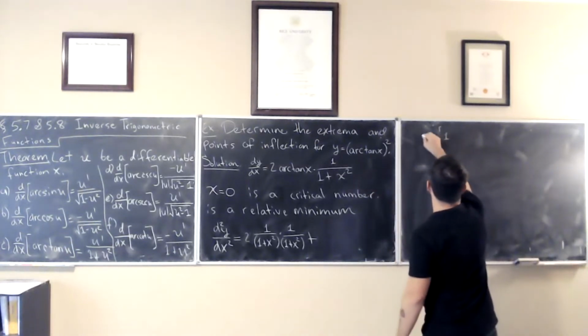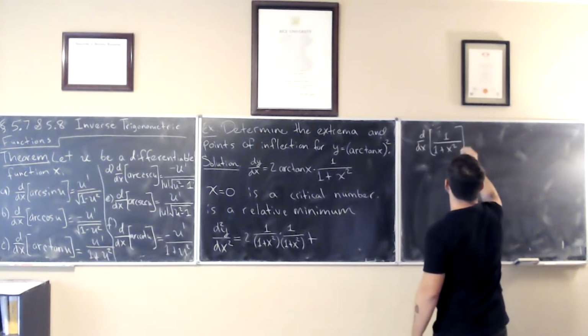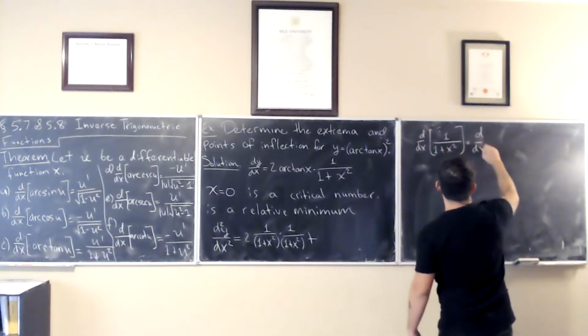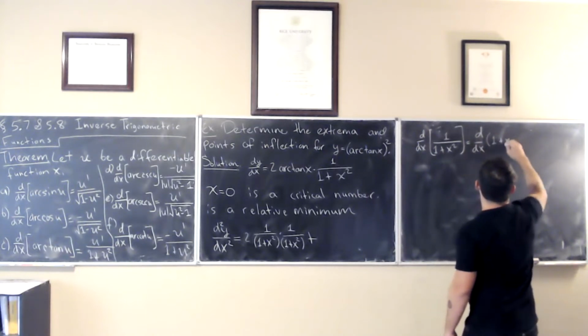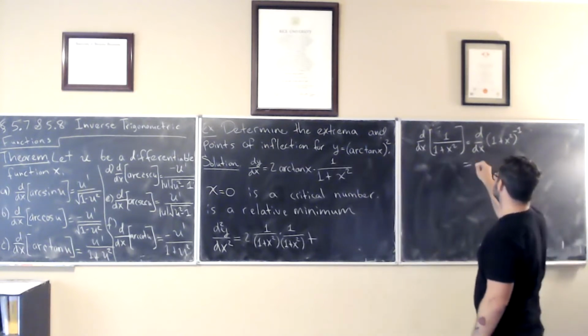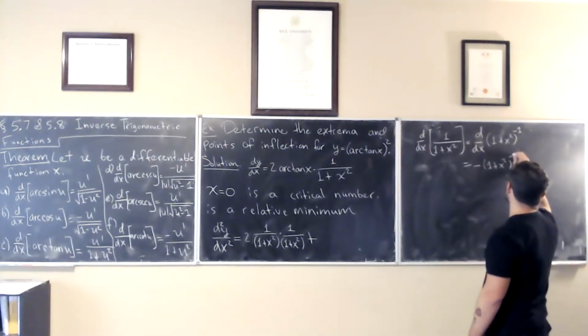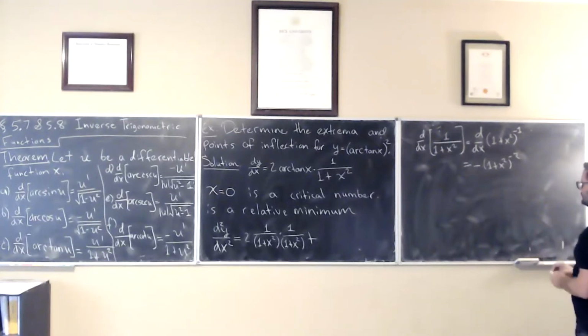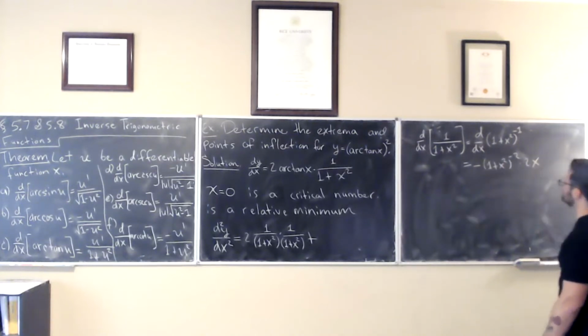So 1 over 1 plus x squared is the same thing as taking the derivative of 1 plus x squared to the power of negative 1. Oh no, wait a minute, sorry. So it's negative 1 times 1 plus x squared to the power negative 2, and then the derivative of the inside is 2x.